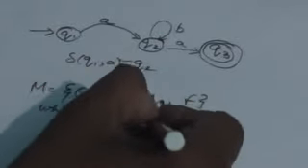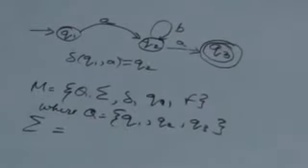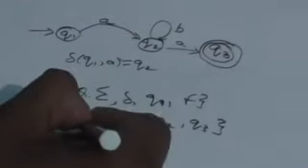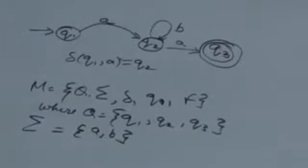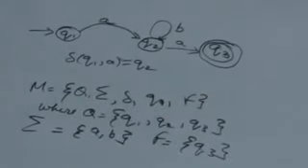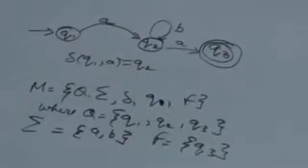It means Q = {Q1, Q2, Q3}. Sigma is the set of input symbols. What are the input symbols here? A and B. There are only 2 input symbols. And F is the set of final states, and here there is only one final state, Q3. And here we have mentioned that Q1 is the initial state, Q0.